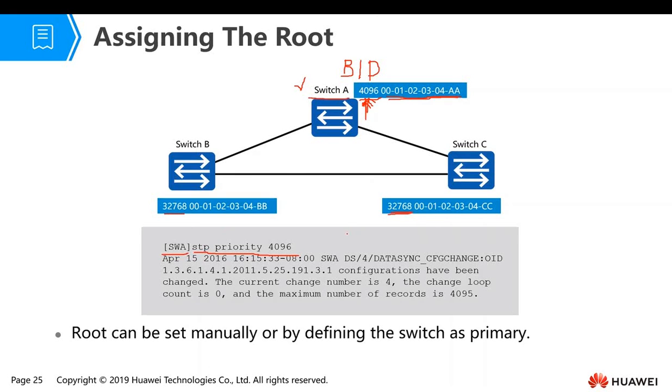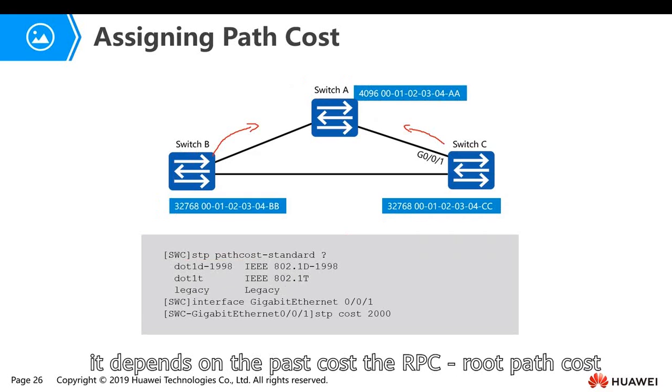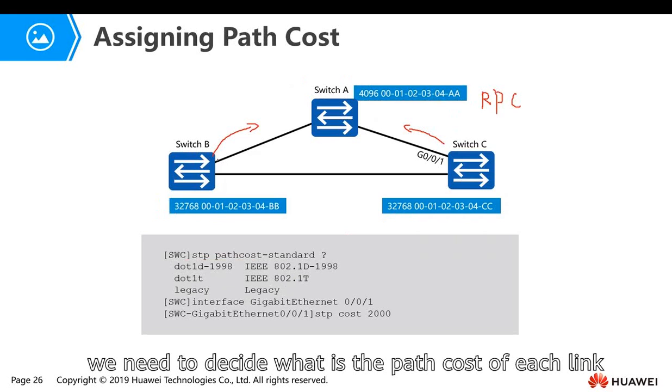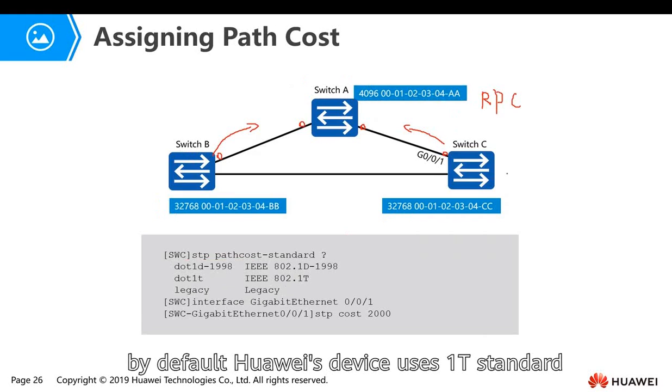And then, when the non-root bridges calculate the best path to the root, it depends on the path cost, the RPC, root path cost. So we need to decide the path cost of each link. Of course, Huawei devices by default use the .1T standard.